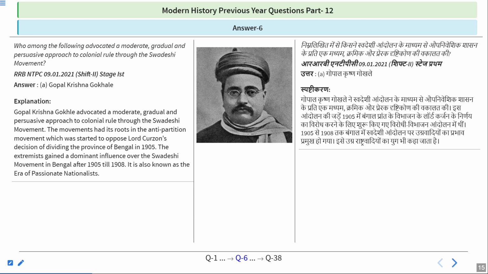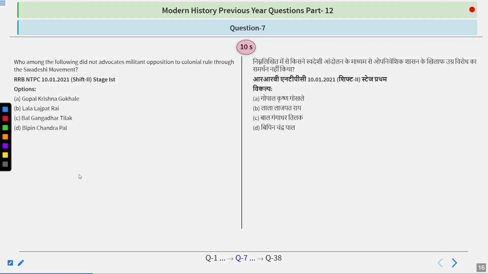And particularly when Gandhiji came in 1915, he was the one who redefined things, and he had a mix of moderate and extremist in him. So that was the thing, and remember, the answer is Gopal Krishna Gokhale.